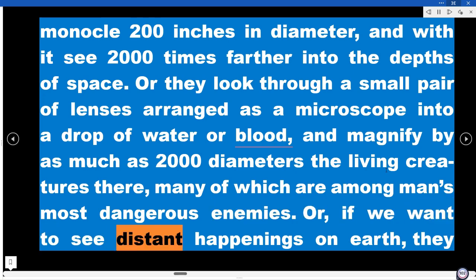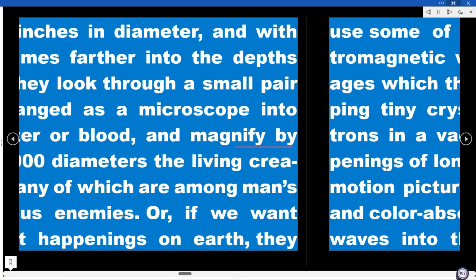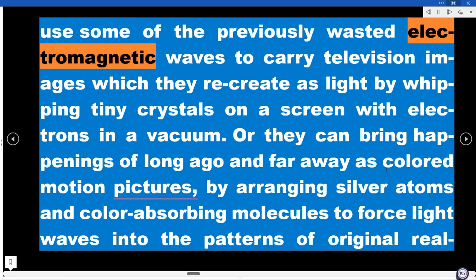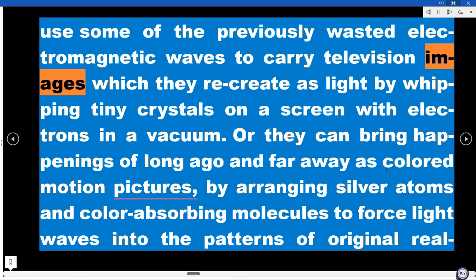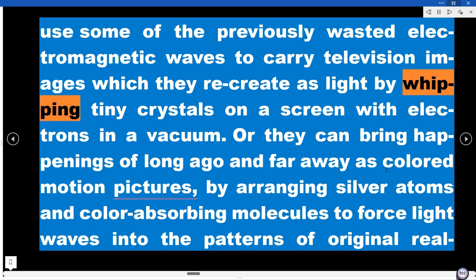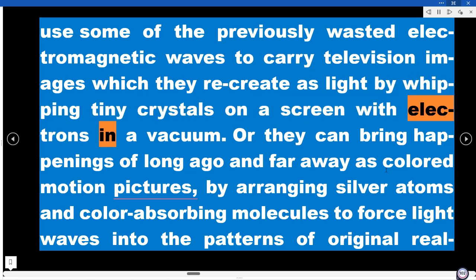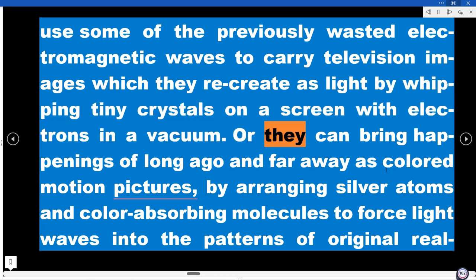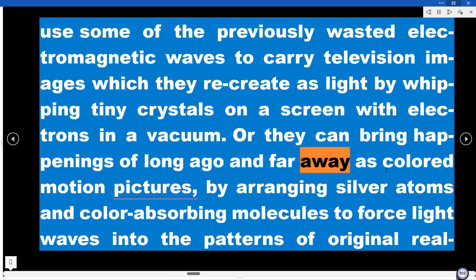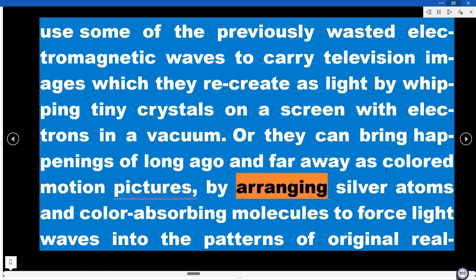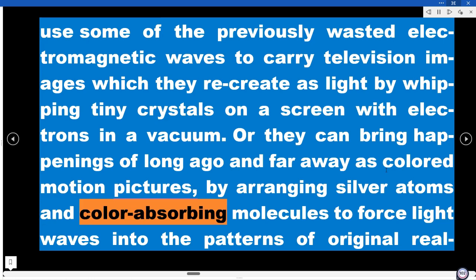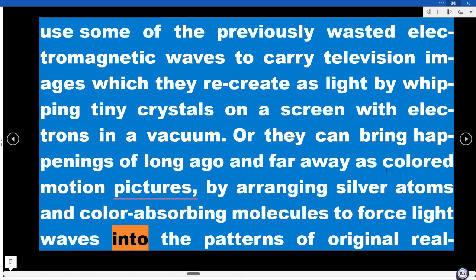Or, if we want to see distant happenings on Earth, they use some of the previously wasted electromagnetic waves to carry television images which they recreate as light by whipping tiny crystals on a screen with electrons in a vacuum. Or they can bring happenings of long ago and far away as colored motion pictures, by arranging silver atoms and color-absorbing molecules to force light waves into the patterns of original reality.